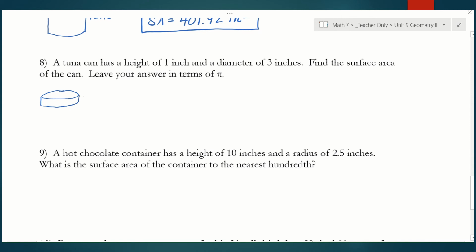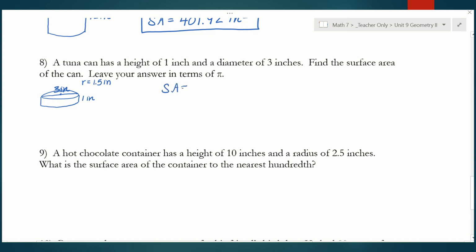It has a height of 1 inch and a diameter, so diameter goes all the way across, of 3 inches. What I need to do is figure out the radius because I need the radius for my formula. So the radius is half of the diameter, which would be 1.5.